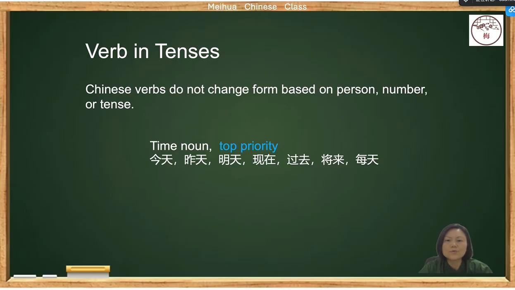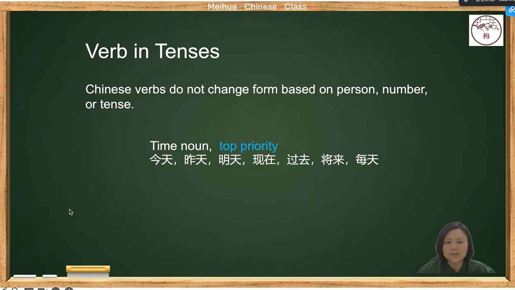The first rule, or the top priority rule, is if we find some time noun or time noun phrases in a sentence, that makes it very clear for us to know what tense it is.